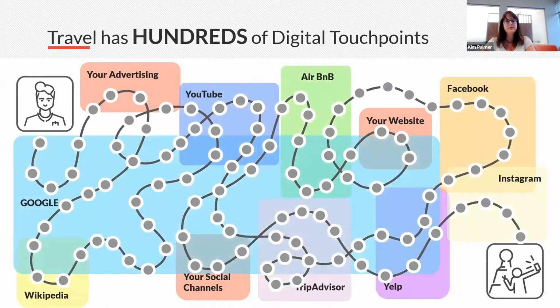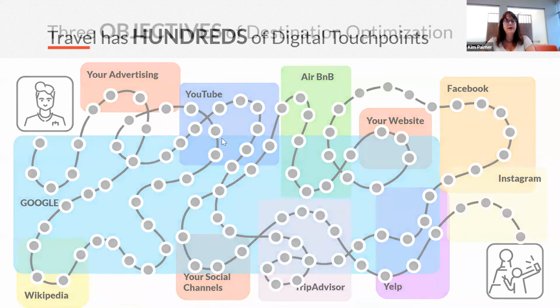But we know that hundreds more are taking place on platforms that we don't necessarily directly control or influence organically, including Google, TripAdvisor, Facebook. Even folks like Airbnb have gotten into the destination experience arena. And while we don't manage these platforms directly, we know that the hundreds of micro decisions involved in folks visiting and choosing our markets happen in this area, not to mention all of the transactions.